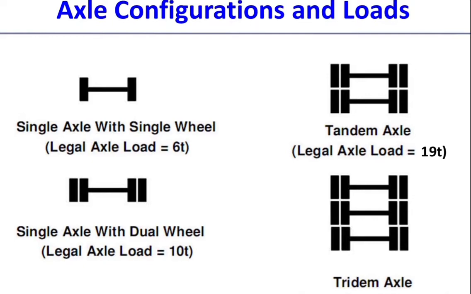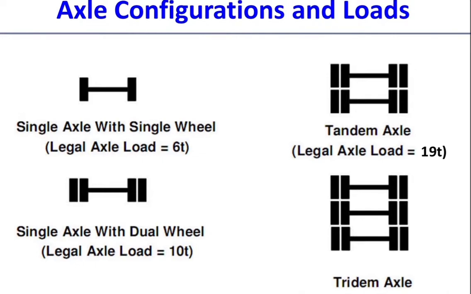Both the sides single wheels are there, and the next is a single axle with dual wheel assembly. With this dual wheel assembly, the maximum wheel load within the specified limit is not possible to carry on a single wheel. To carry a greater load, it is necessary to provide the dual wheel assembly.